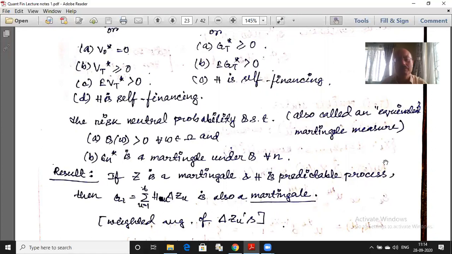That's strange. So did you hear what I asked? That I said that this equivalent martingale measure, the word equivalent has a connotation, and some of you should already know this. Isn't that true?